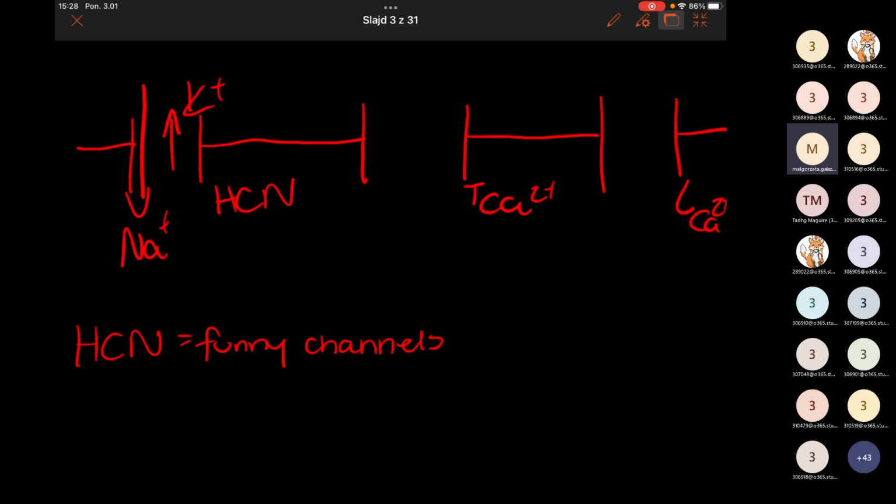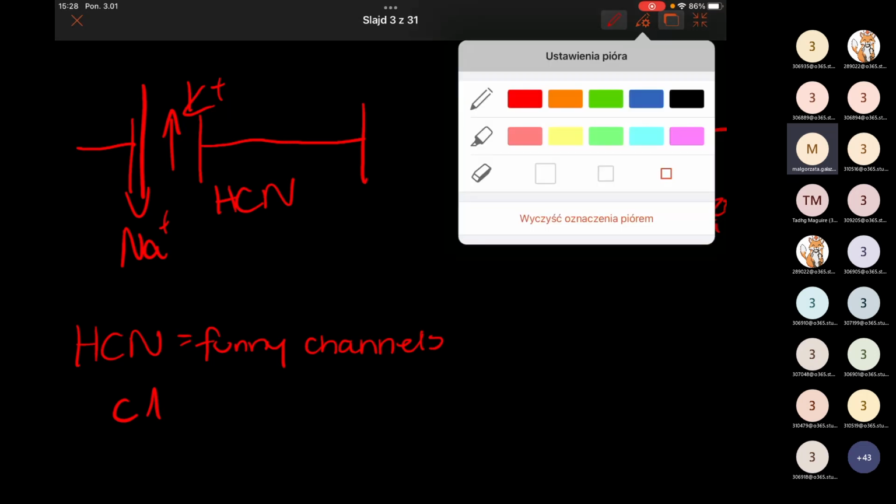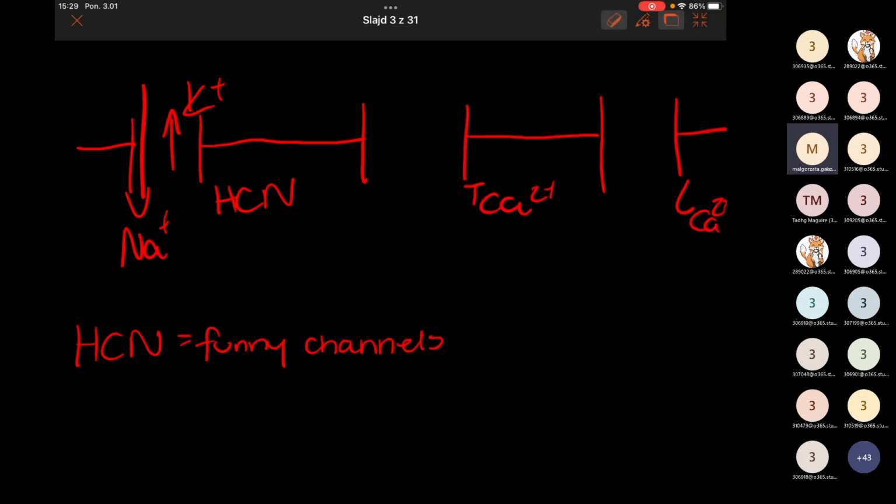Although HCN channels or funny channels are voltage-gated sodium-potassium channels, they can be also activated by cyclic nucleotides, such as cyclic AMP.